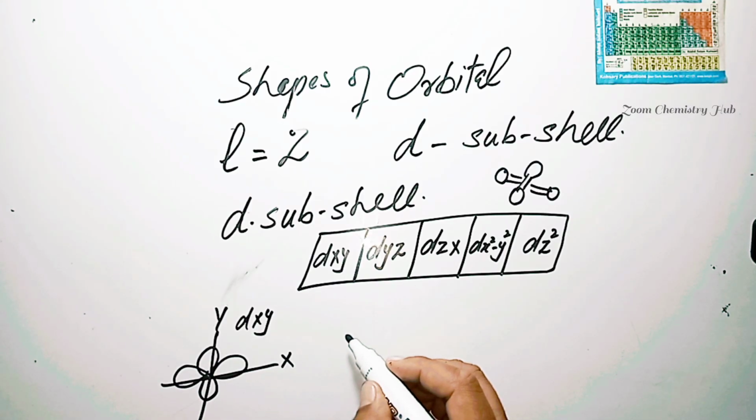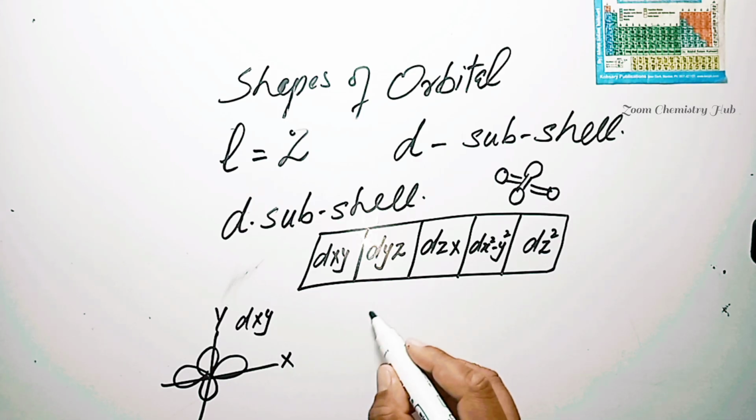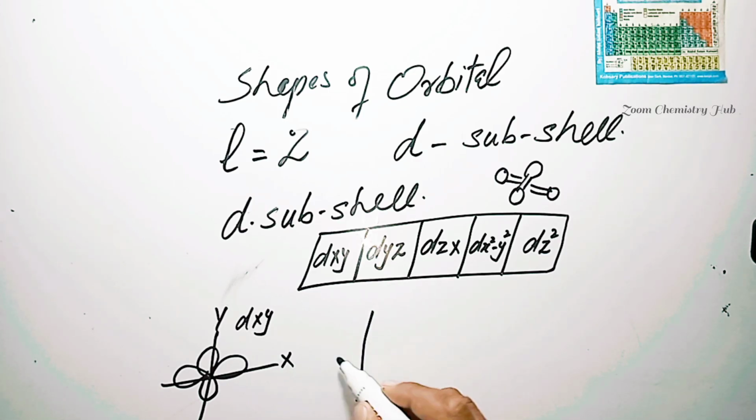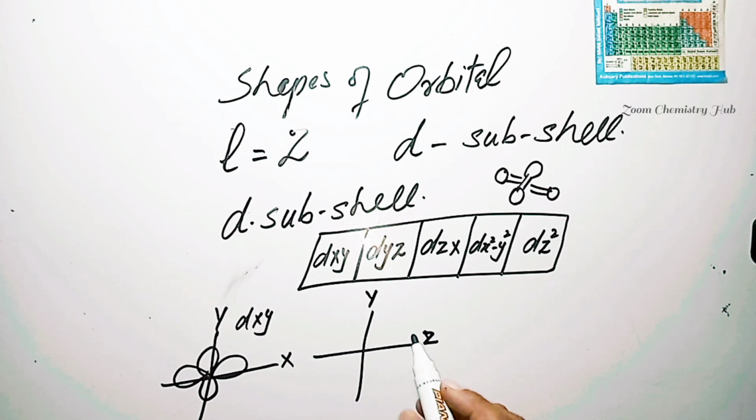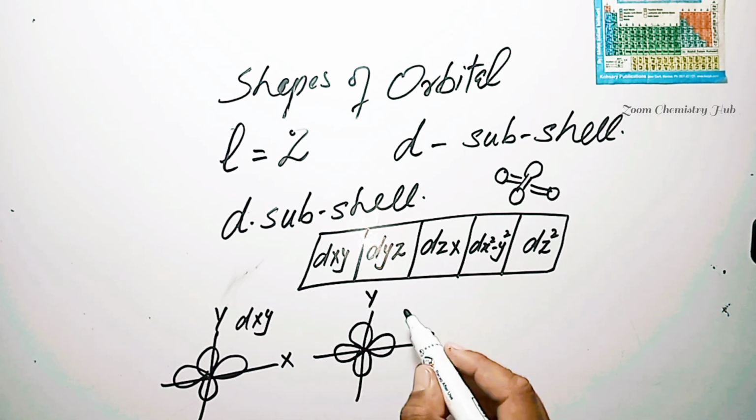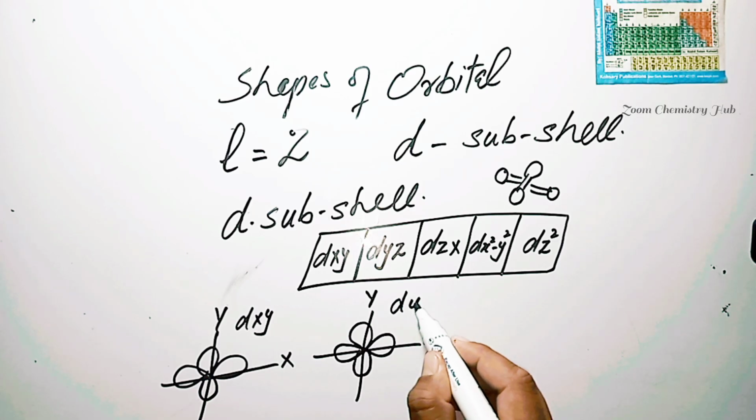Similarly, dyz is the y axis and z axis, here the two lobes lie between the y axis and z axis, that is dyz.